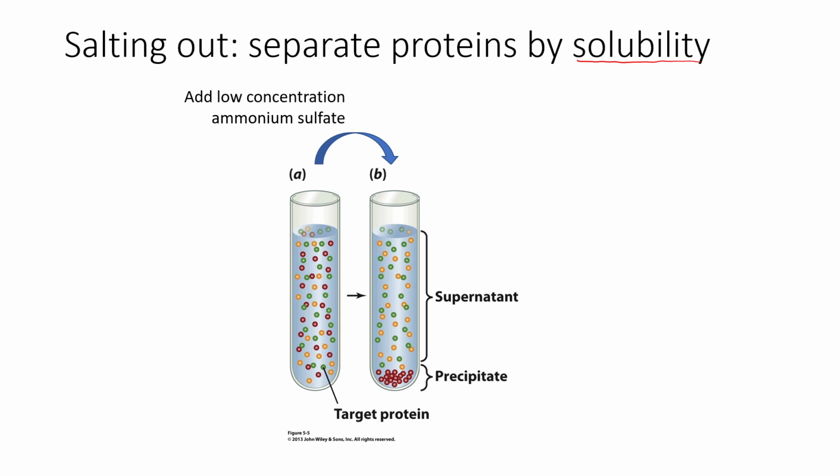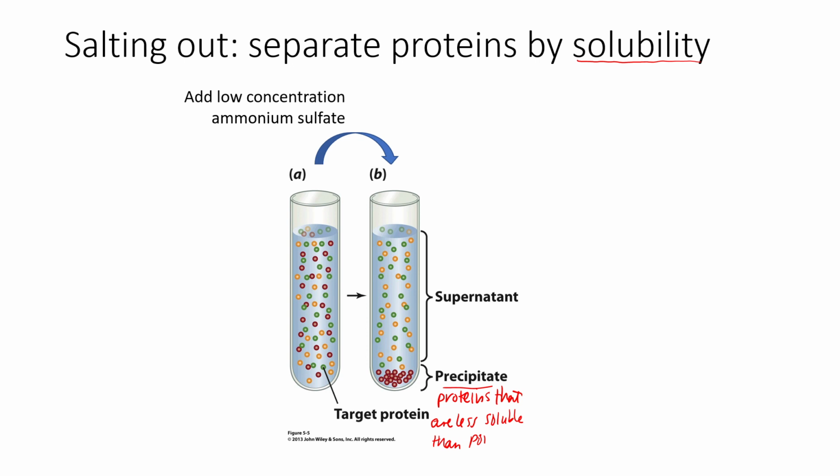That's what's shown in this first step. You add a low concentration of ammonium sulfate, and then you get this precipitate. This precipitate contains proteins, ideally, that are less soluble than your protein of interest.